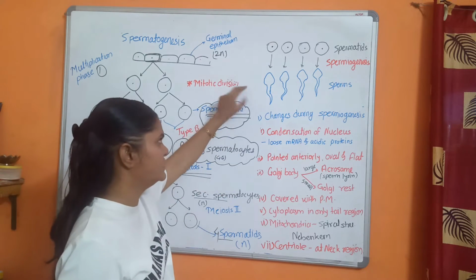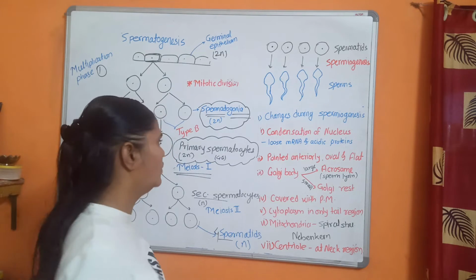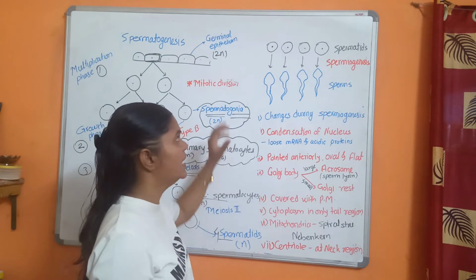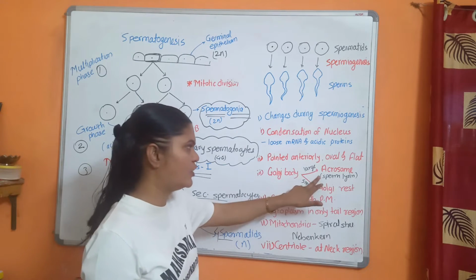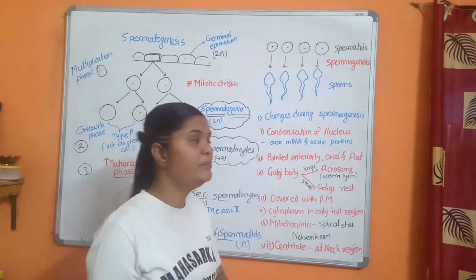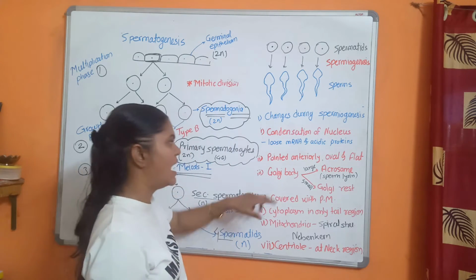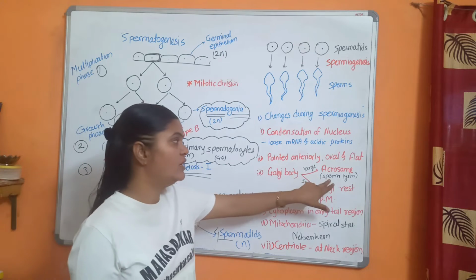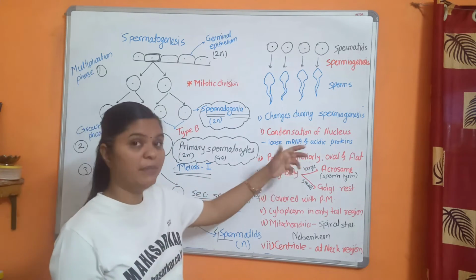Next, a change occurs in the Golgi body. The Golgi body is divided into two parts: the larger part is called the acrosome, which plays a very important role and is present on the upper side of the head. It secretes sperm lysins, some enzymes.